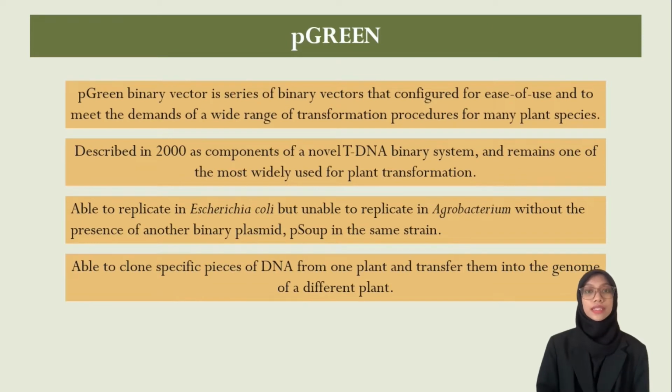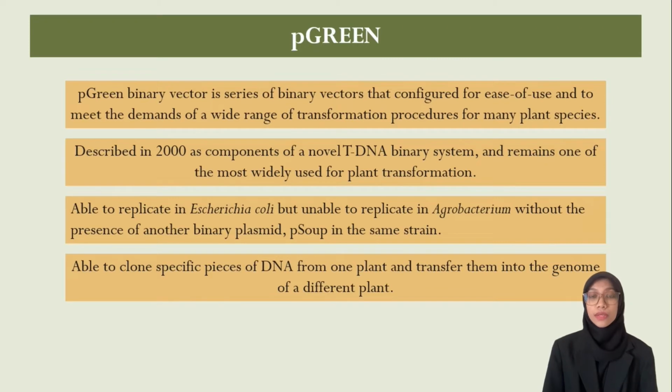The binary vector pGreen has special features that have been addressed for the improvement of the binary vector. pGreen is able to replicate in E. coli, however, it is unable to replicate in agrobacterium without the presence of another plasmid, which is pSoup, in the same strain. pSoup is the co-resident of pGreen and provides the replication function in agrobacterium.